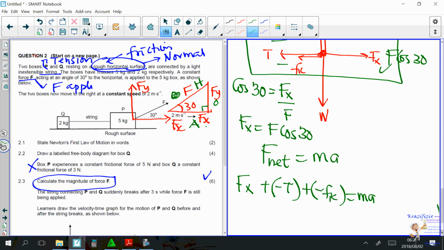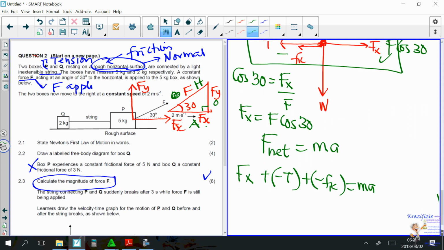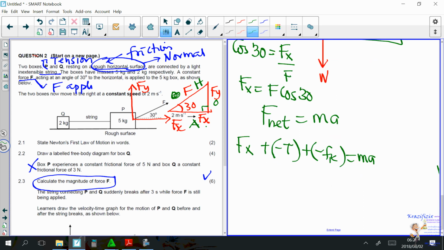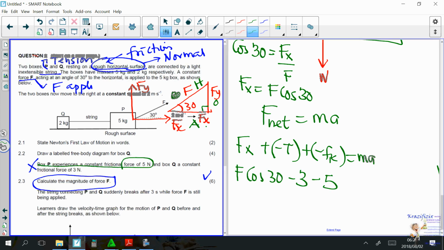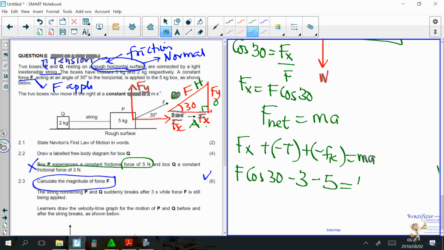Okay, so let's substitute together. This is F cos 30, all right? What's my tension? Negative 3. What's my friction? Negative 5. We're given that in the question, if you remember. It says block P experiences a frictional force of 5. And that is equal to the mass, 5, and acceleration, constant velocity or constant speed, 0.